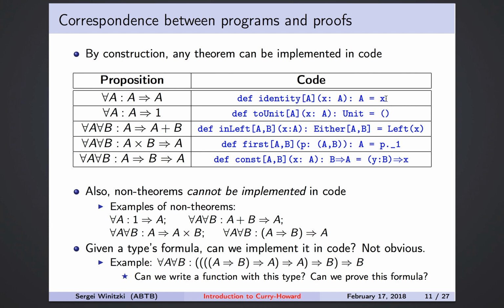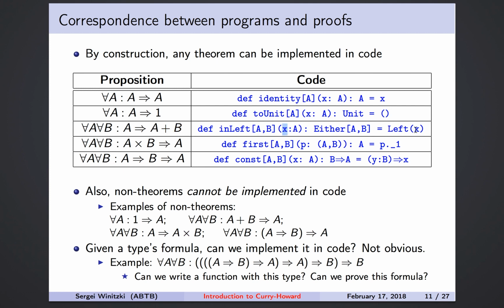And then we can write code in Scala like this. It takes an argument of type A and returns the same value. Take a value of type A, return unit. No problem, we can do that too. Just ignore this argument, return unit. Take an A, return a value of the disjunction type. That's easy.